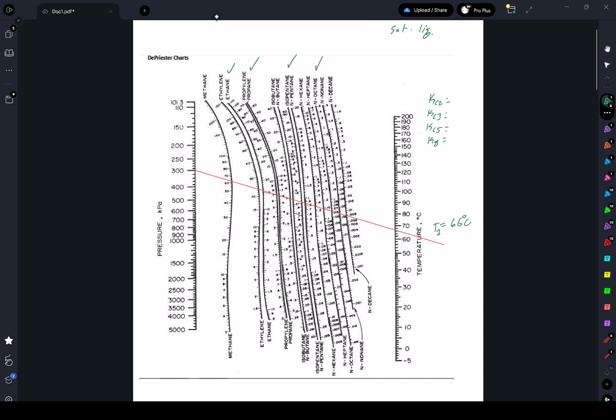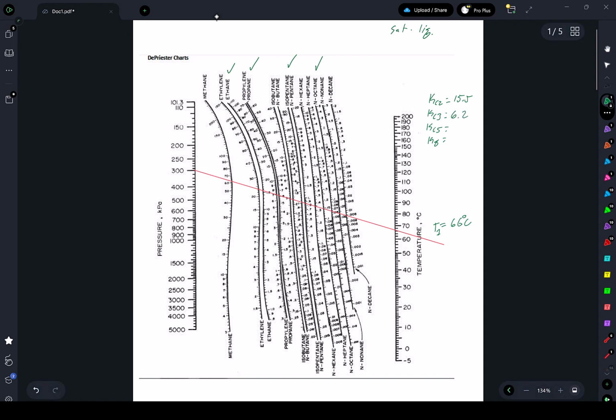Just reading these values from the DePriester chart, our ethane is going to be approximately 15.5. And for our propane, we're down here, I'm just going to say it's about 6, maybe 6.2.